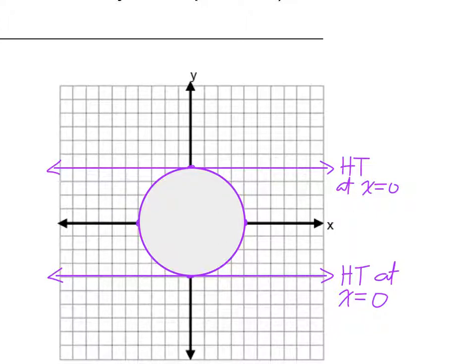If I'm looking at a vertical tangent, looking at something like this, not like that. Really gotta hit this thing every single time.